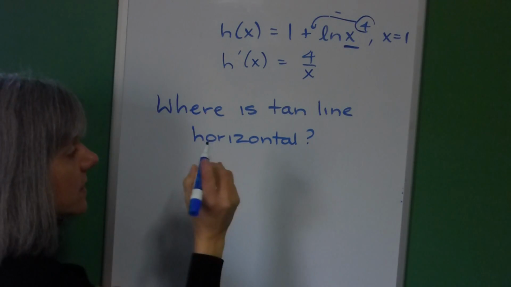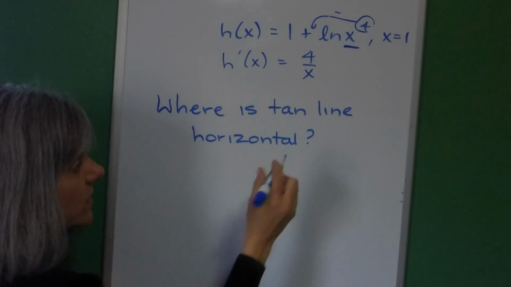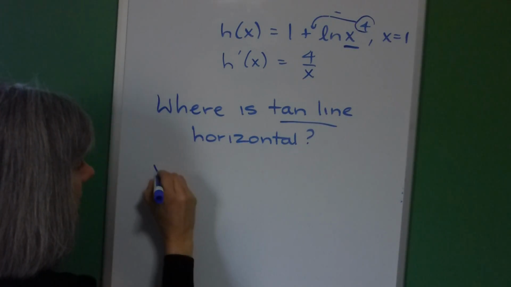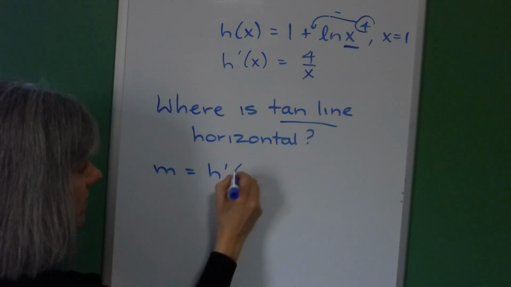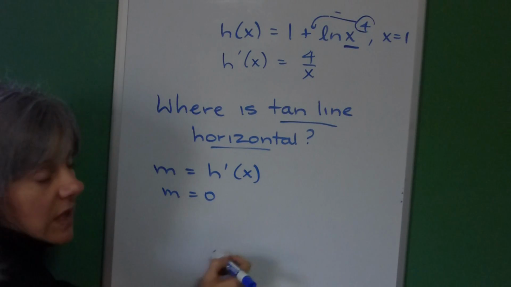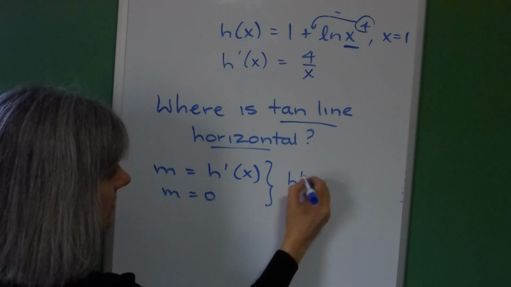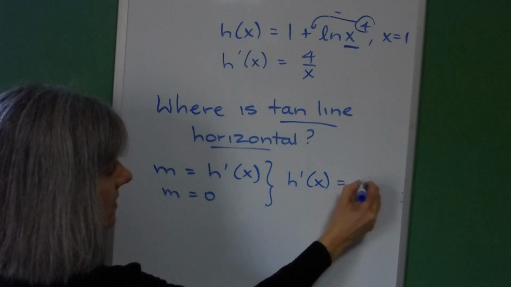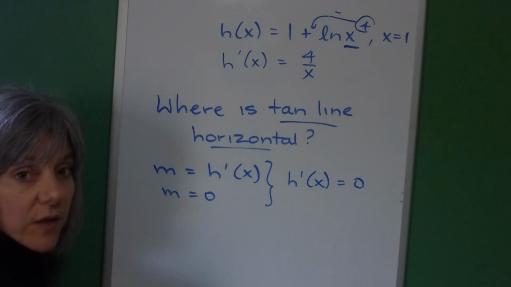So remember, we have keywords here. Tangent line means that the slope is equal to the derivative. Horizontal means the slope is equal to 0. Combine these two, that says that the derivative is equal to 0. I want to find out what x value makes that true.